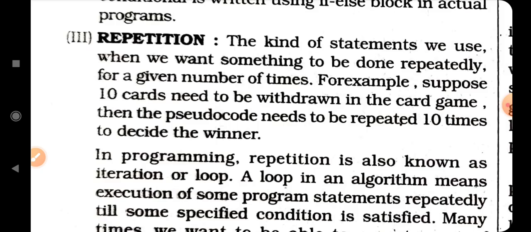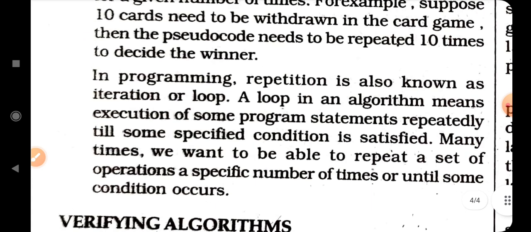A loop in an algorithm means execution of some program statements repeatedly till some specified condition is satisfied. Many times we want to be able to repeat a set of operations a specific number of times, or until some condition occurs.